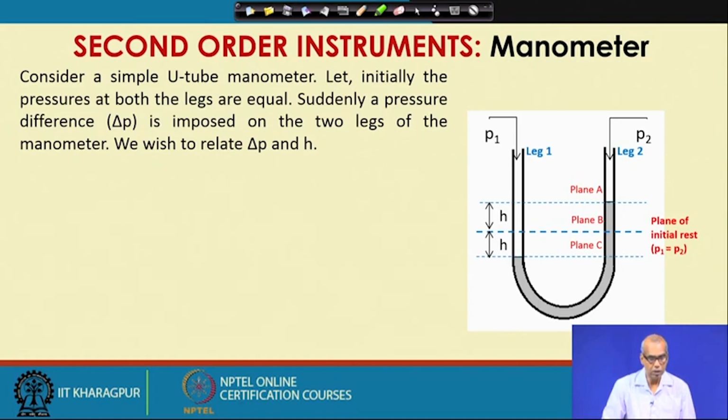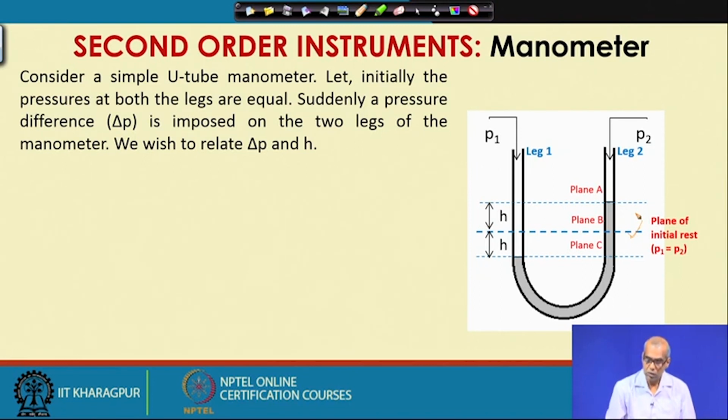Let initially the pressure at both the legs be equal. So, initially you will have this as the plane of initial rest. Suddenly a pressure difference delta P is imposed on the two legs of the manometer.